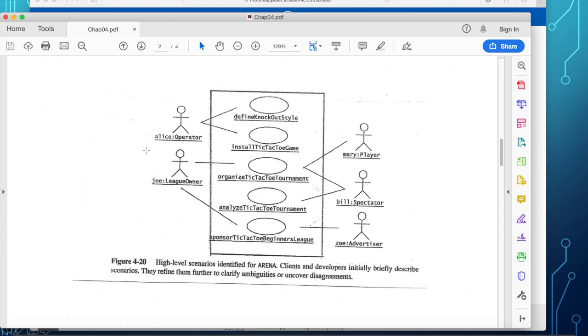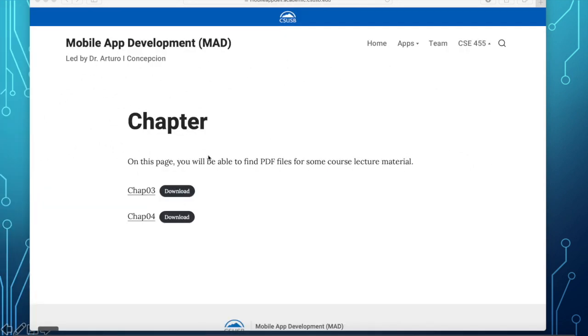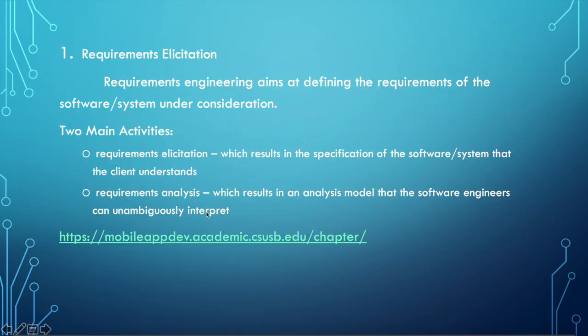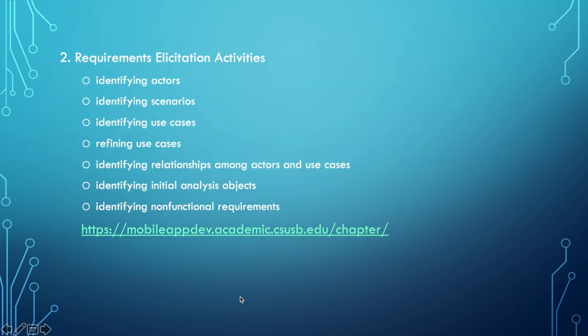So let me close this for now, and go to the next slide. So the requirements elicitation activity consists of the following steps.